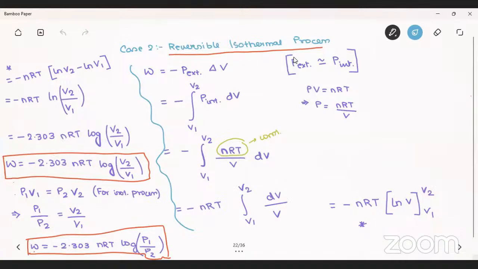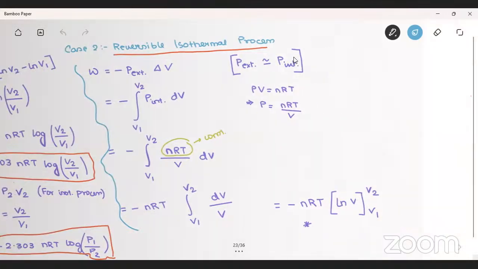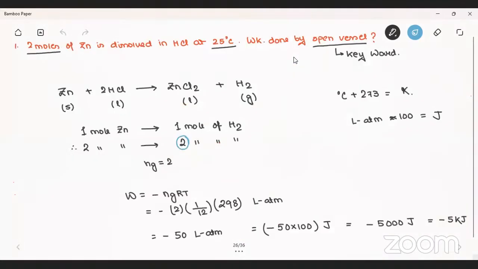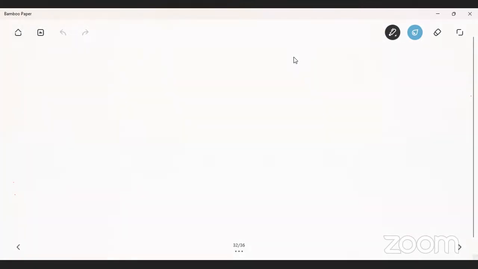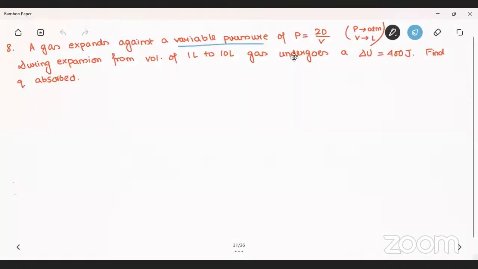Now during derivation, what we have done for the reversible isothermal process, integration. Right or wrong? Yes, ma'am. Now you understood that this is a reversible process. But in the question, is isothermal written?